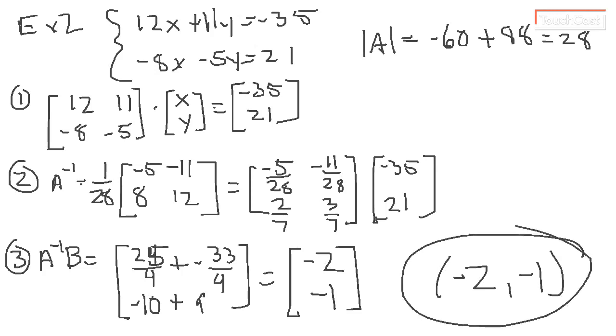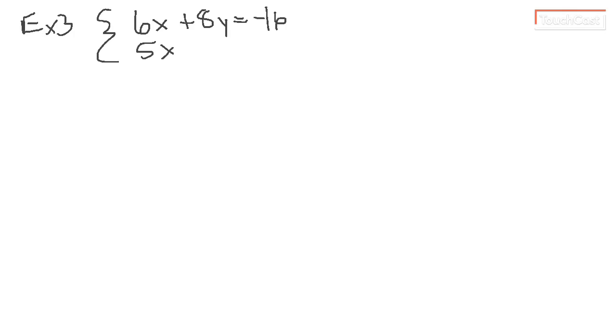Let's look at one more example, and then we're going to also look at some 3-variable systems, but they'll probably be in another video. So example 3, we're going to have the system 6x plus 8y equals negative 16, and 5x plus 3y equals negative 28.